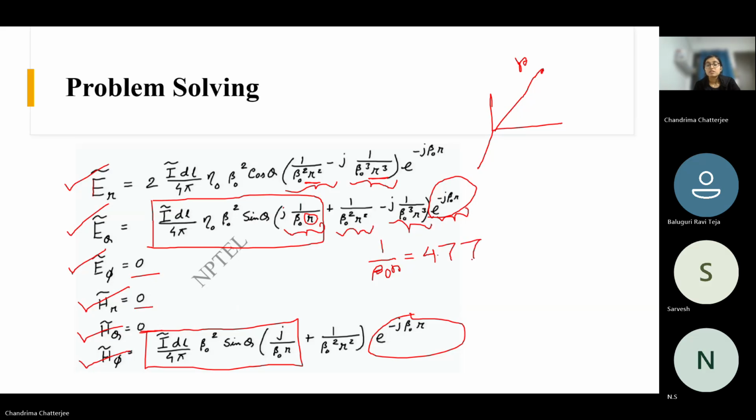Okay. Then we have 1 by beta naught square r square. You guys can also try to do it simultaneously, so that if I do some calculation mistake, you can correct me.